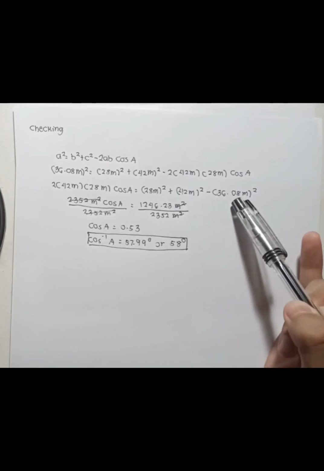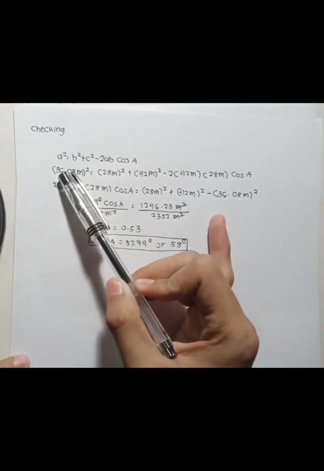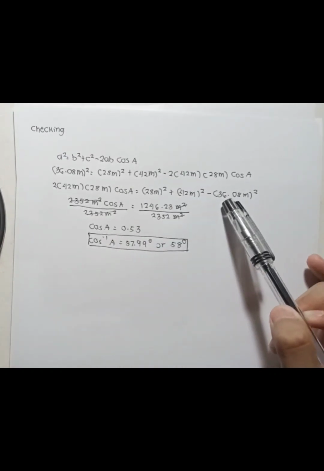Saan galing tong 36.08 meters squared? Dito siya galing. So, ito is positive. So, magiging negative siya. Okay?